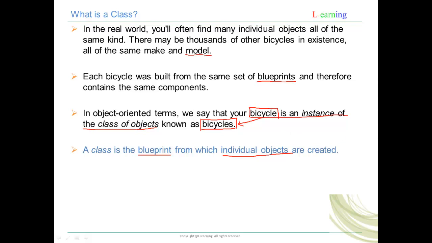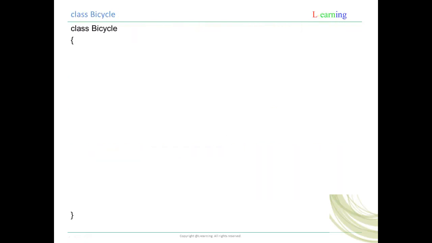Now let's see an example of the class, which is a blueprint, bicycle, and the object bicycle. How to define a class bicycle? A class is defined using the class keyword followed by the name of the class.